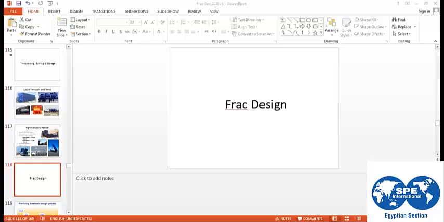Our first question is asking how the pressure of the closure is calculated before choosing the type of the proppant. As we said yesterday, we are calculating the effective... One second.